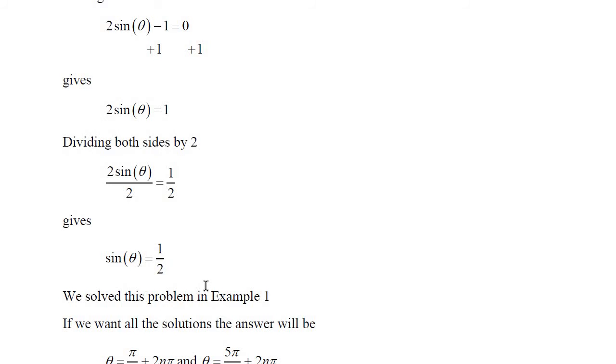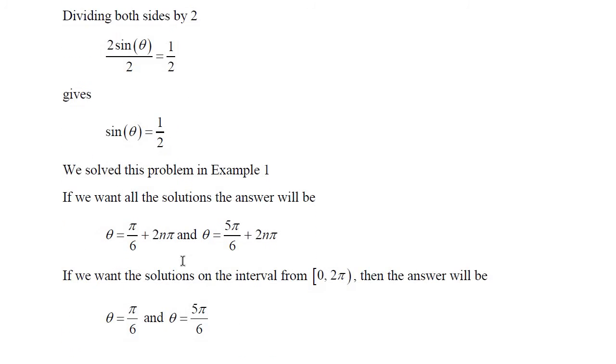Now, in order to make these notes a little bit easier to deal with, I purposely chose this to simplify down to sine theta equal to 1/2, because that's a problem that we solved back in example 1. So we discovered that the solutions to sine of theta equal to 1/2 are theta equal to pi over 6 plus 2n pi, and theta equal to 5 pi over 6 plus 2n pi.